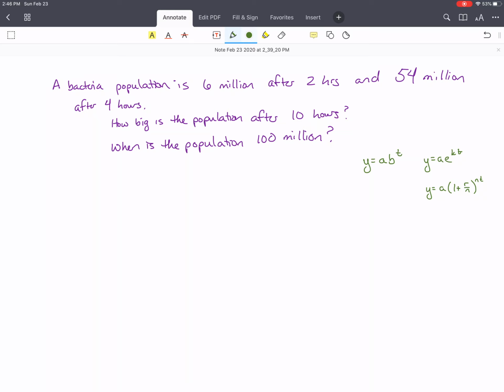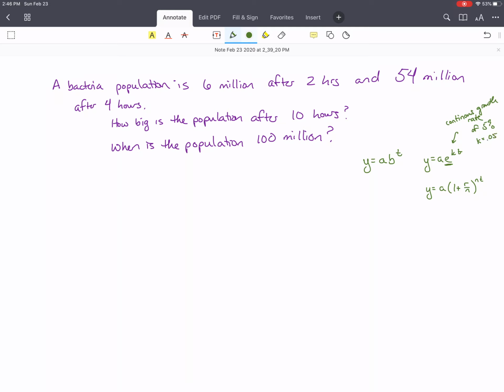Something that's good to know is that if you have what's called a continuous growth rate of say 5%, it's saying you're compounding continuously and k is 0.05.